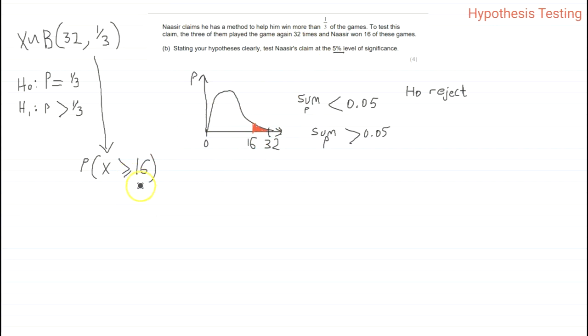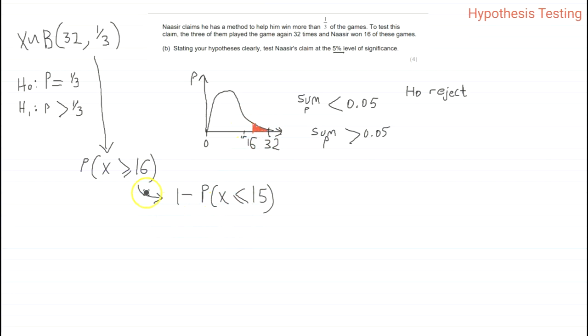Some calculators can do this straight off the bat, but some others can't, so what you'll have to do is write this as 1 minus the probability of x being less than or equal to 15. That's what I was mentioning before, going from 0 to 15. 15 isn't labelled here, but it's 15. Going from that, and then doing 1 minus that, so minusing that answer and finding this red region.